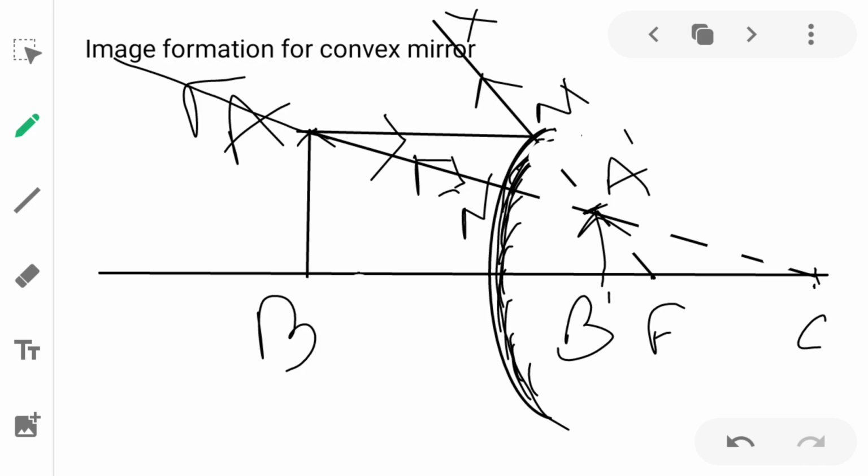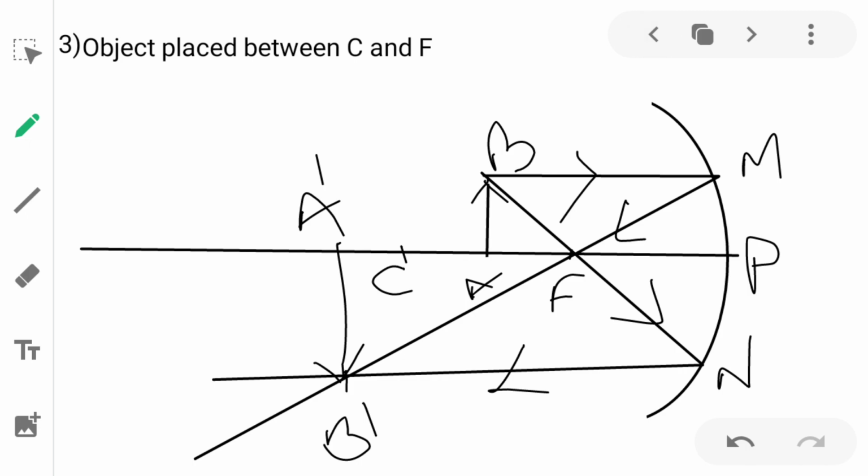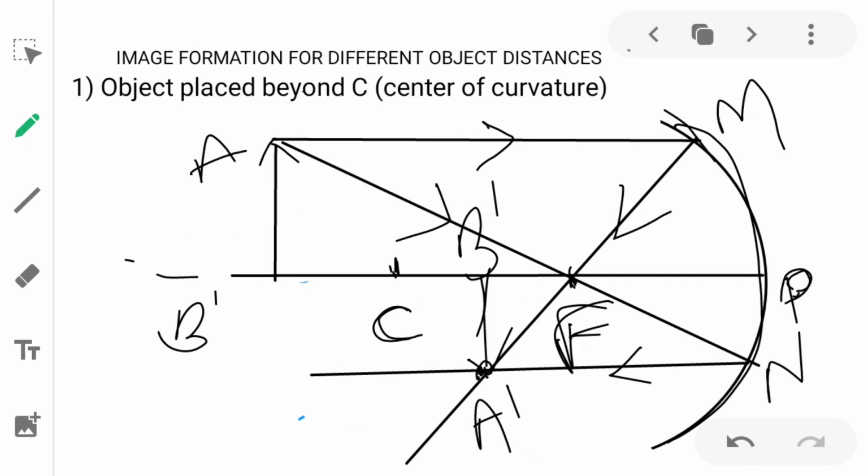Now look at the size of the image. It is smaller than the object. So collectively you can say image formed by the convex mirror is erect, virtual and diminished. For any object distance in case of convex mirror, the image is always diminished, but not in case of concave mirror.